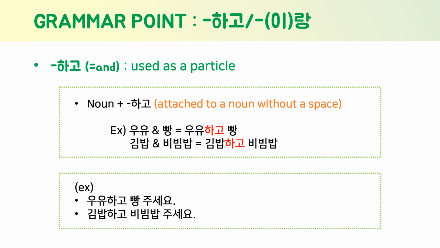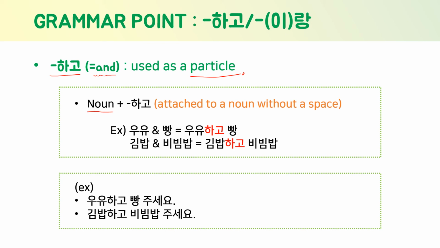Another grammar is 하고 and 이랑. So 하고 in English is "and". But this word is actually used as a particle. It's not a particle, but the role is like a particle. So all you need to do is attach it to a noun. Right?